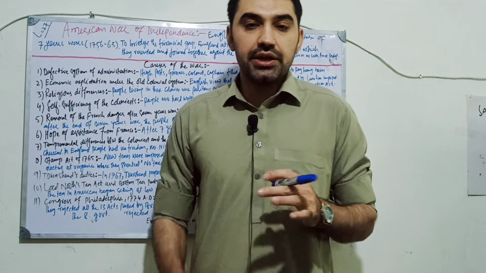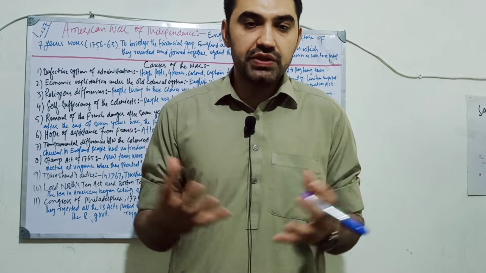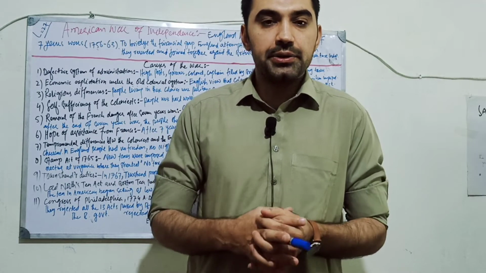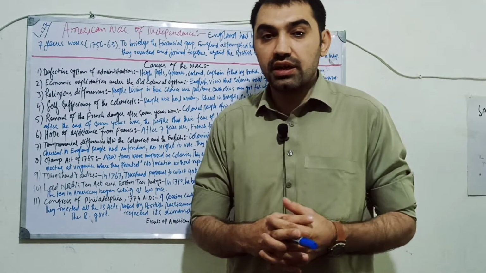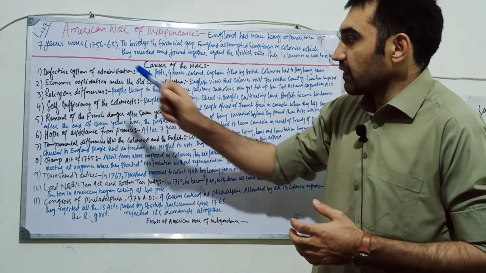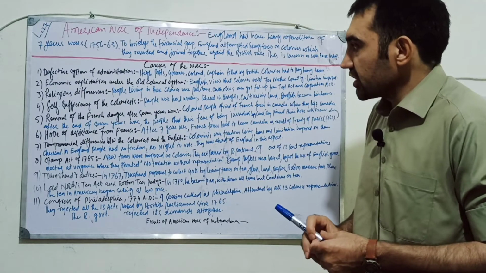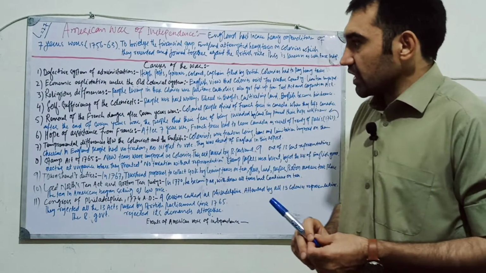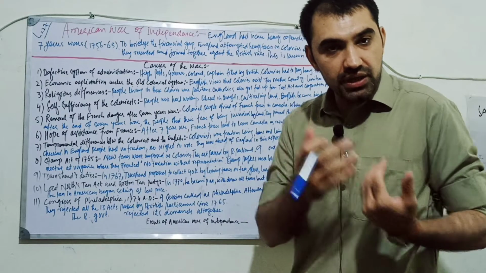This is just the introduction of the American War of Independence, how it became a necessity, why it was fought, and now we will come to the causes. The first cause was the defective system of administration. Secondly, economic exploitation under the old colonial system. Thirdly, religious differences. Religious differences means the Americans were different from the English.